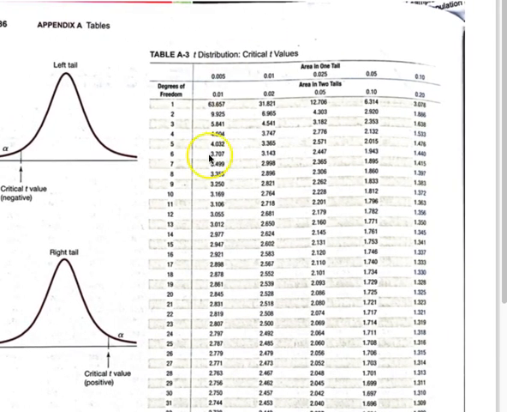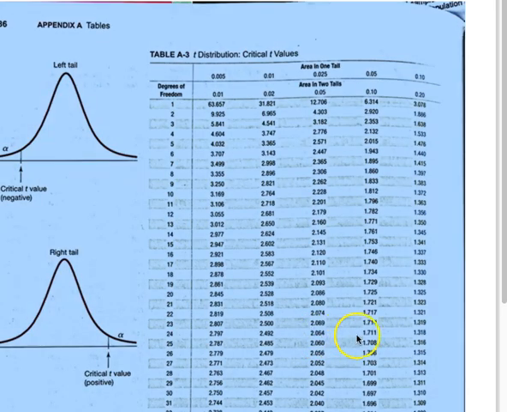So I looked down, degrees of freedom 24. My test statistic was 1.733. So I'm going to go through here. It's definitely smaller than all of these. Okay, it is bigger than 1.711, but smaller than 2.064.